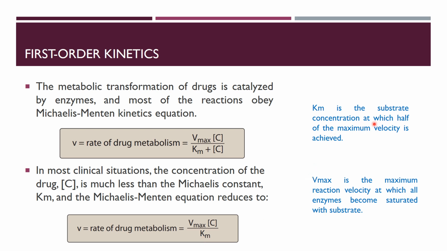Here Km is the substrate concentration at which half of the maximum velocity is achieved, whereas Vmax is the maximum reaction velocity at which all enzymes become saturated with substrate.